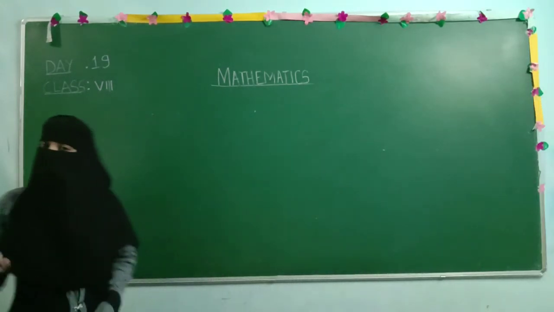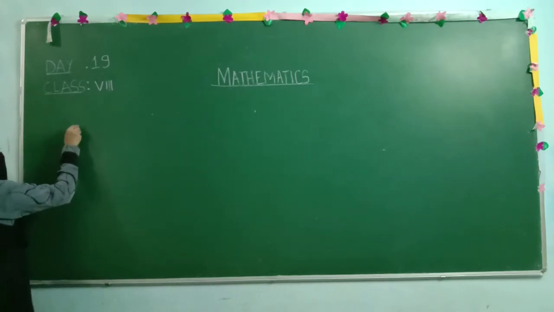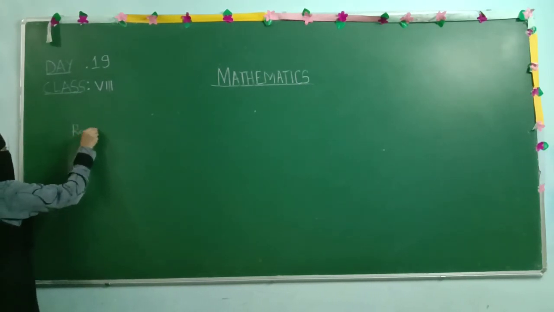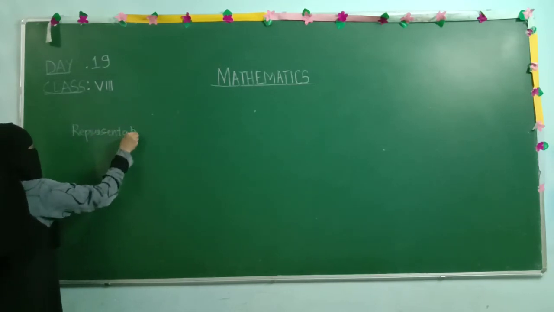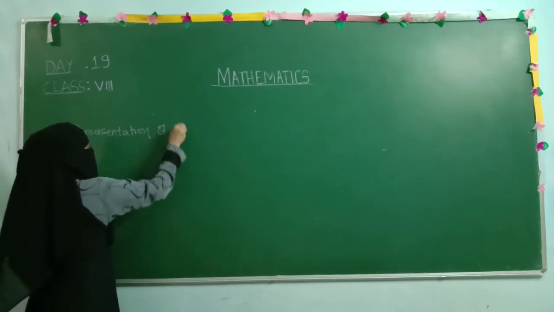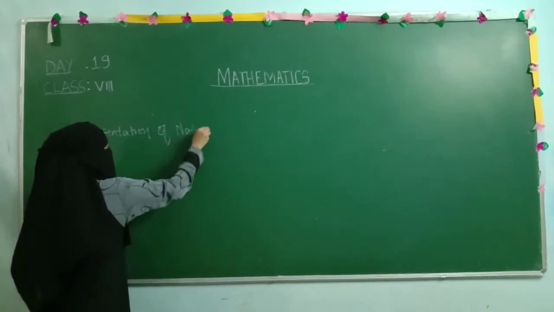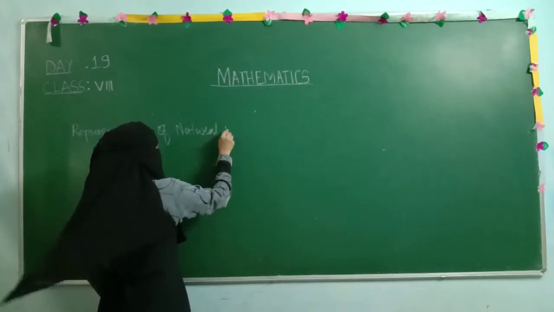So first I will just recapitulate the basic representation of whole numbers. Okay, representation of natural numbers. Natural numbers, how many of you know about them? Yes, exactly, the numbers which start from 1 are called natural numbers.